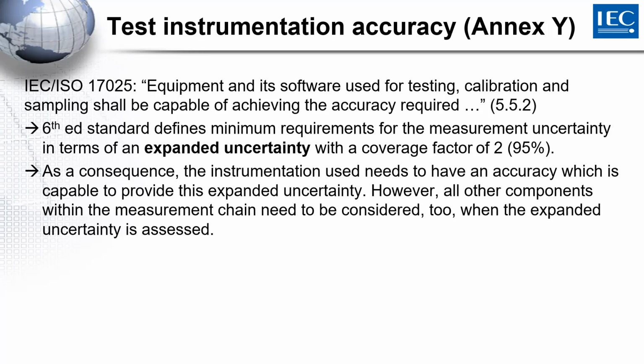And there you find what is requested as accuracy of this measurement. The consequence out of that is that you as a laboratory have to think about how you can provide this expanded uncertainty.